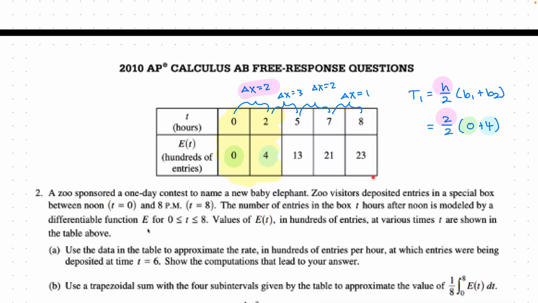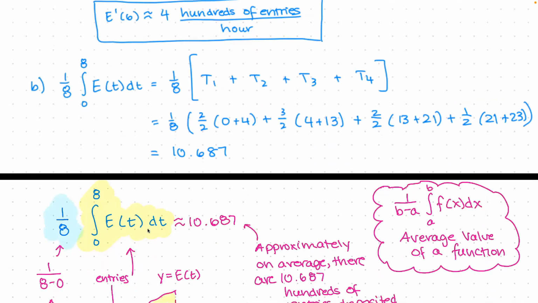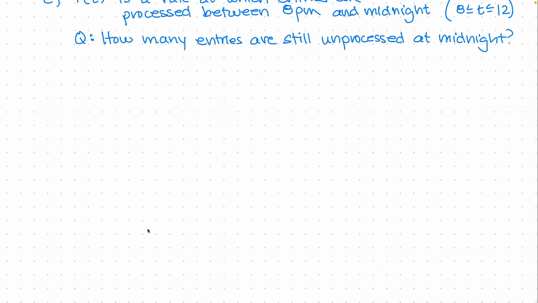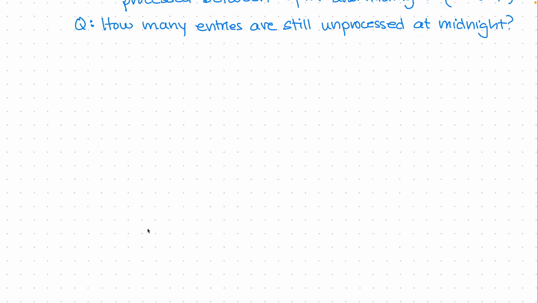between 8 and 12, they processed some of those. How many are left unprocessed? So we have to figure out between 8 and 12, how many entries were they able to process? And then we just subtract from 23 and we get it. So what we're really going to do is take the number of entries at the end, which is at t equals 8.